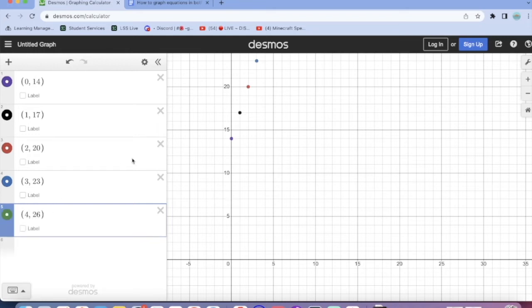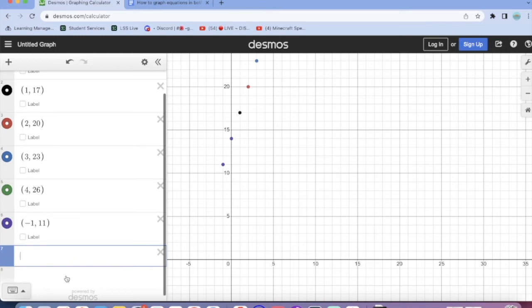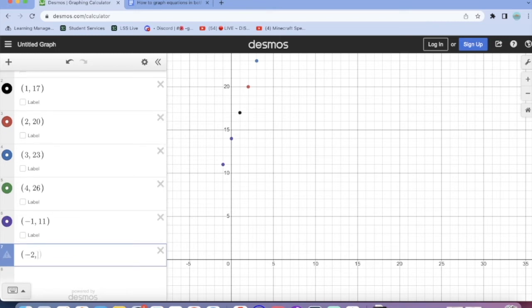We can also do this in reverse order, and if the x value goes down by 1, the y value will go down by 3. So negative 1 would equal 11, and negative 2 would equal 8.